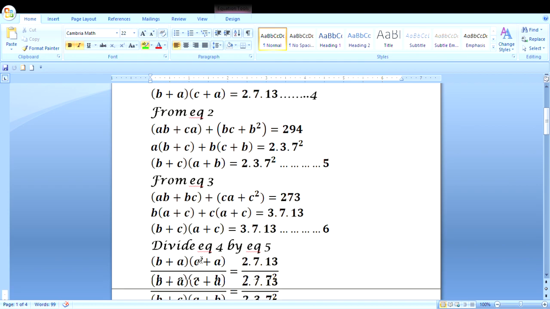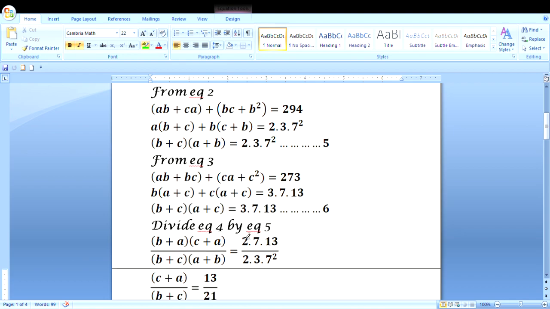So completely factorized, this becomes (B + C)(A + C) = 3 × 7 × 13. This is labeled as equation 6.